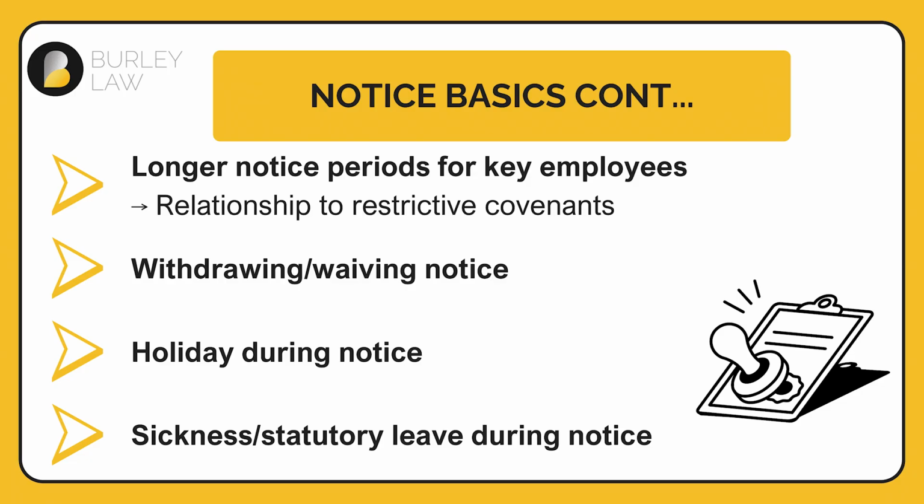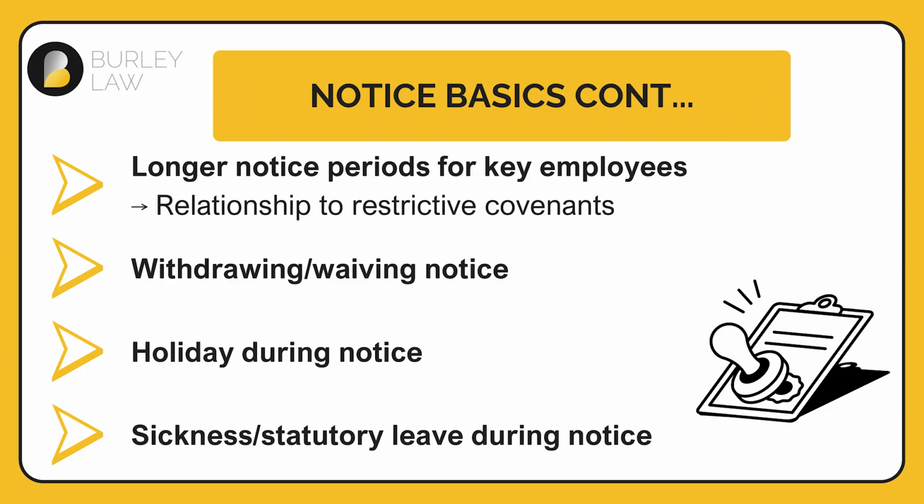Why? Because the purpose of a notice period and the restricted covenant is to protect business interests. Notice periods allow for a period of transition. They allow the business to recruit. They allow transfer of knowledge, handover of role and responsibilities. But they also give an opportunity to protect key business assets from an employee who might be a threat to the business.